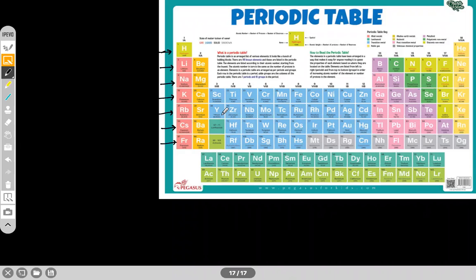When the last electron fills into the s subshell, the element belongs to the S block. All these elements are classified into 4 blocks. The first one is the S block. Write this down, all of you.